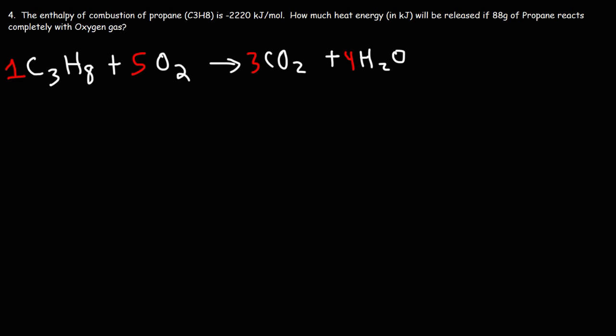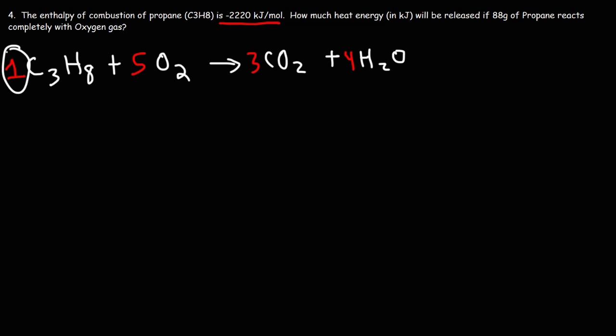Now let's move our attention to the enthalpy of combustion of propane, which is negative 2220 kilojoules per mole. Let's think about that. What does that tell us? That tells us that when 1 mole of propane reacts with excess oxygen, negative 2220 kilojoules of heat energy will be released.